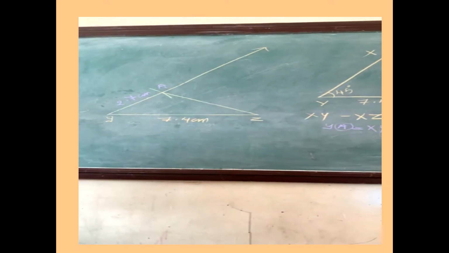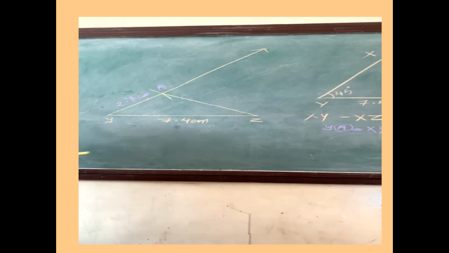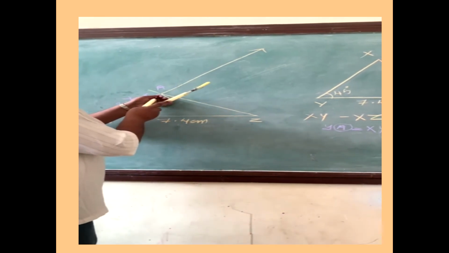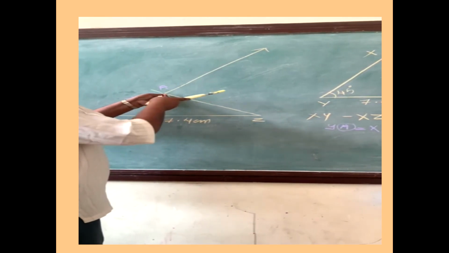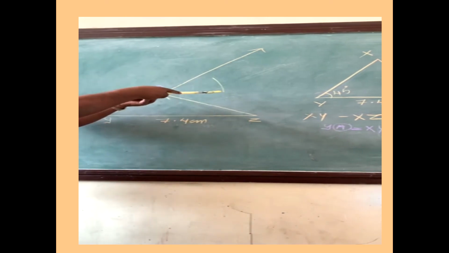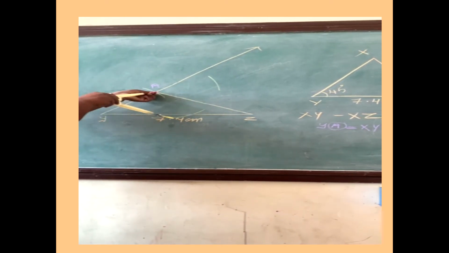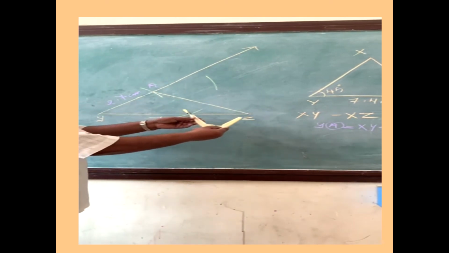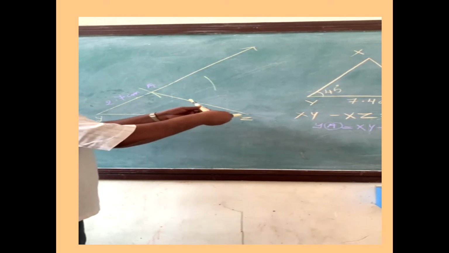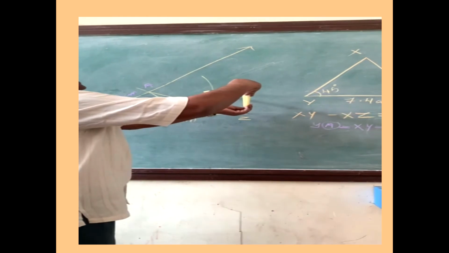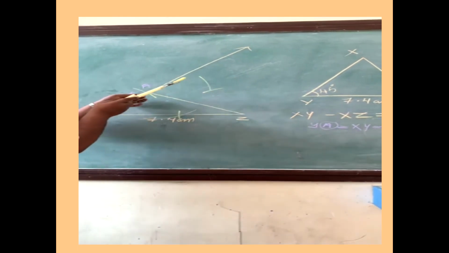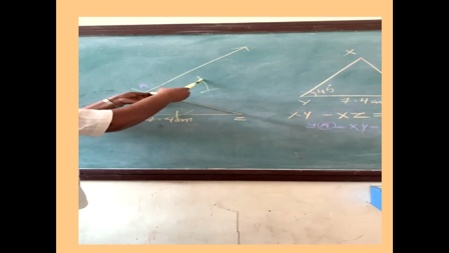I need to draw the perpendicular bisector of AZ. So take more than half, draw arcs up and down. Same with Z here. No problem. We will come back here again.